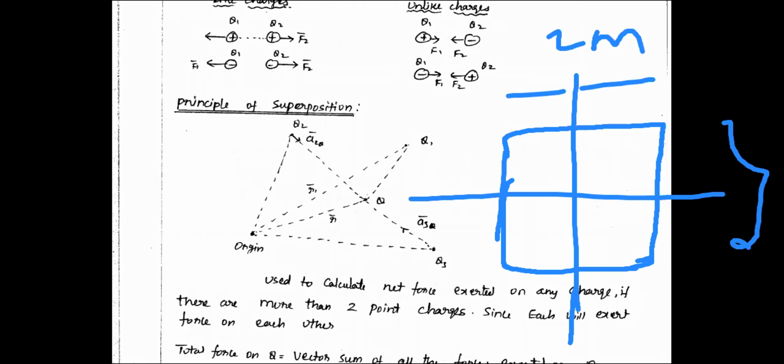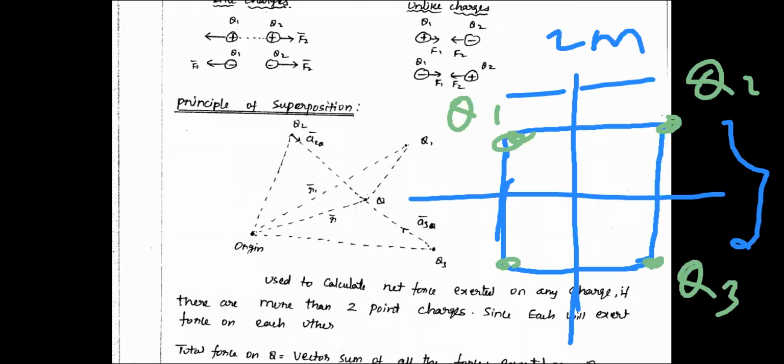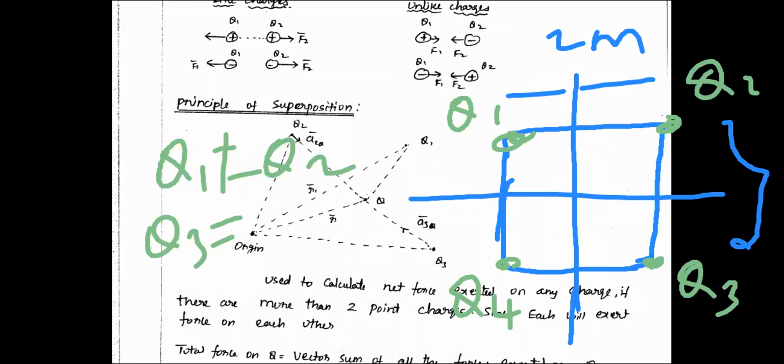Now I have 4 charges. I am keeping one charge here, another charge here, Q1, Q2, Q3 and Q4.